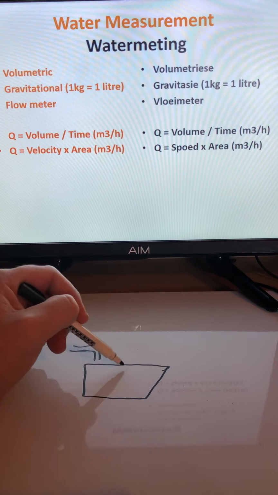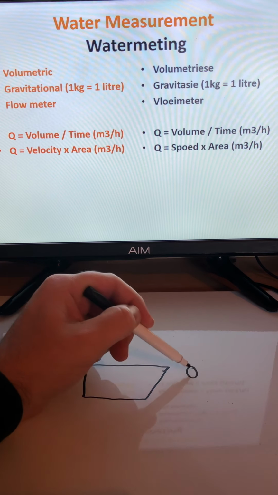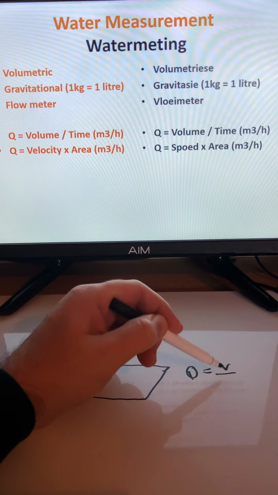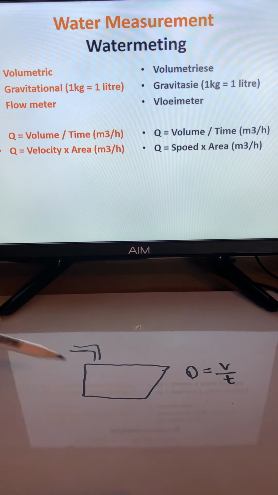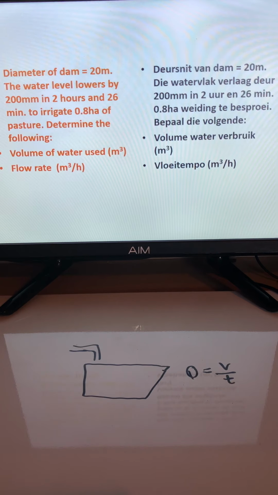When the bucket is full, you stop the timer, and you take the volume of the bucket divided by the time it took to fill it. Because you have the volume and the time, you can easily measure the flow rate of the water coming out of that pipe. The gravitational method is the exact same thing, but 1 kilogram of water equals 1 liter, so if you know the weight, you'll know the volume of water.